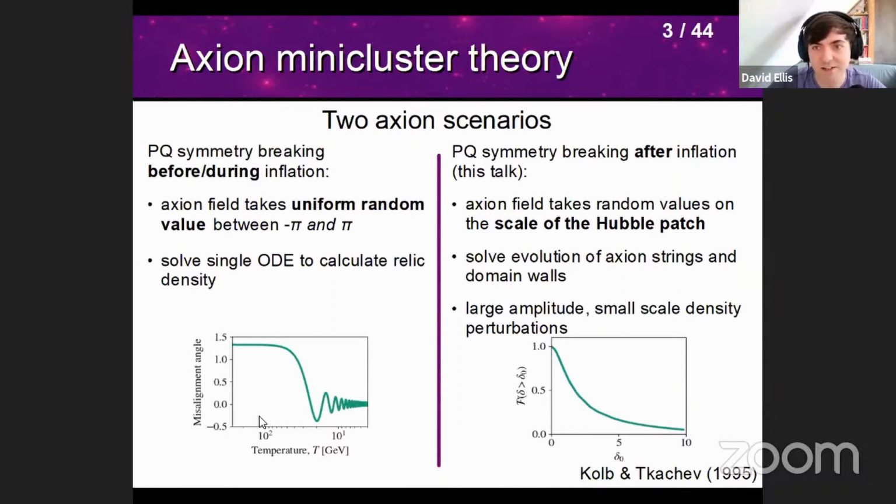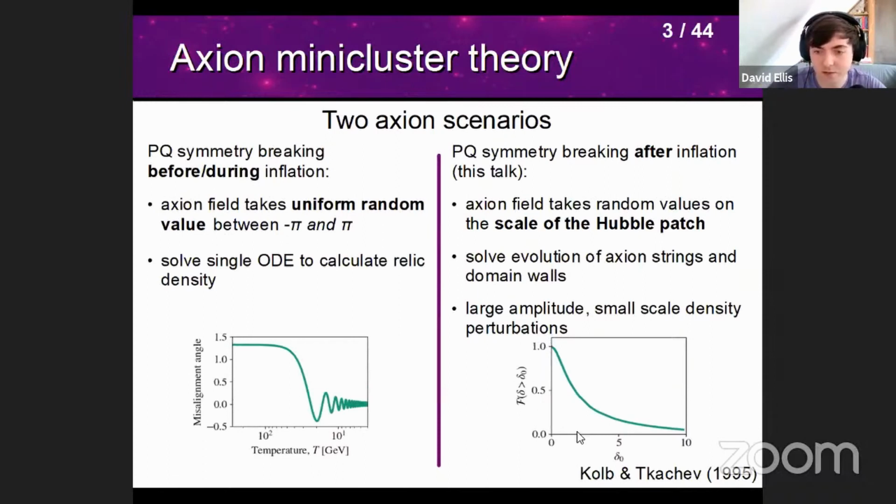The second scenario, it's not quite so simple. So here the Axion field takes, as we heard from Javi, random values on the scale of the Hubble patch, and then this causes us to have topological defects such as strings and domain walls. And as I'm sure Javi can tell us, or has already told us, this isn't so simple to simulate. And then as these objects decay, we get large amplitude, small scale density perturbations.